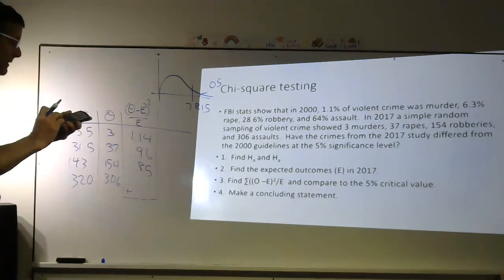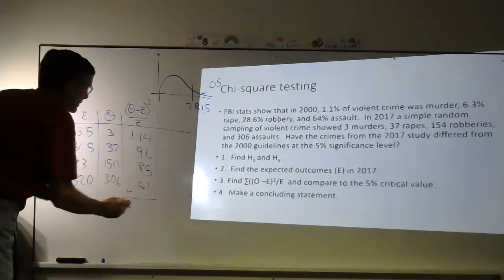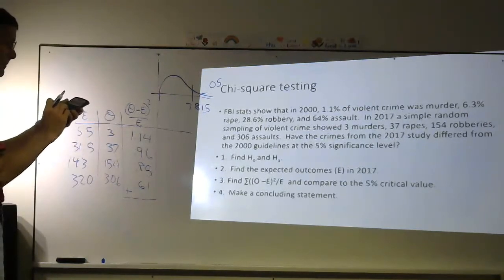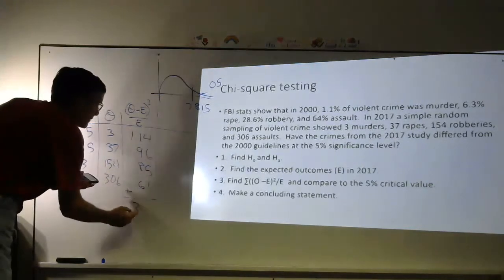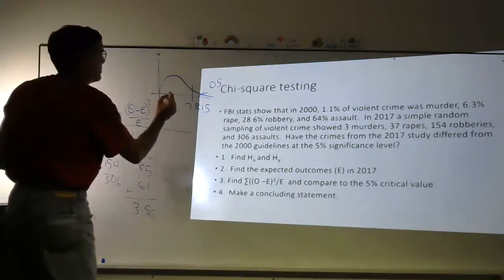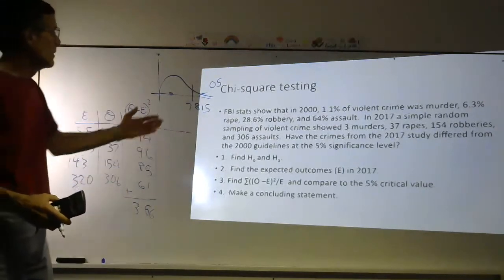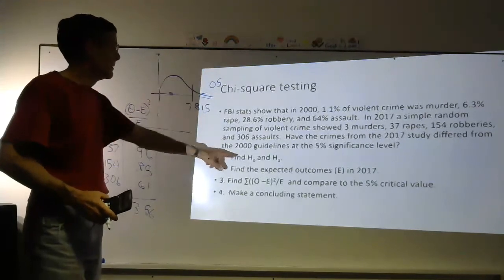Squared is 196 divided by 320. And I get 0.61. Add them up. I get 3.56. 3.56, whoa, way down there. Well within the do not reject.